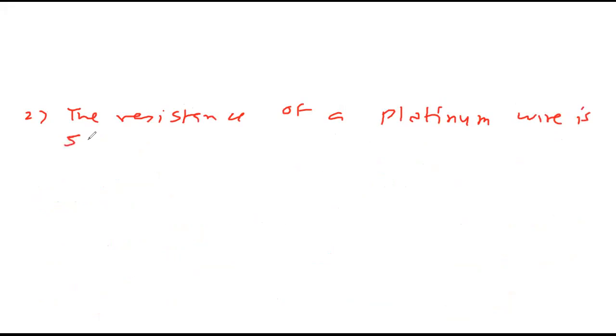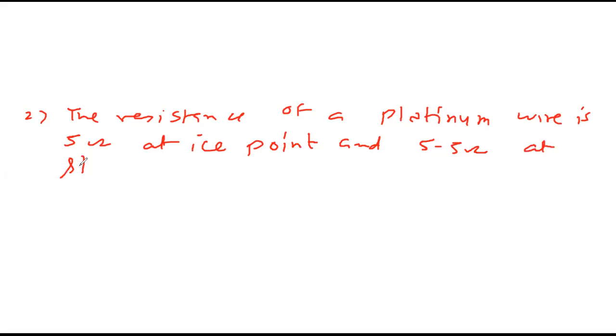The resistance of a platinum wire is 5 ohm at ice point and 5.5 ohm at steam point. The resistance of platinum wire is 5 ohm at ice point and 5.5 at steam point.